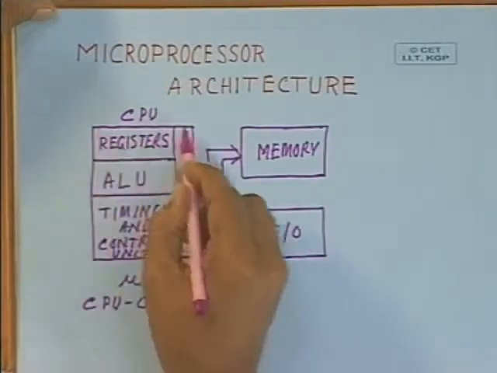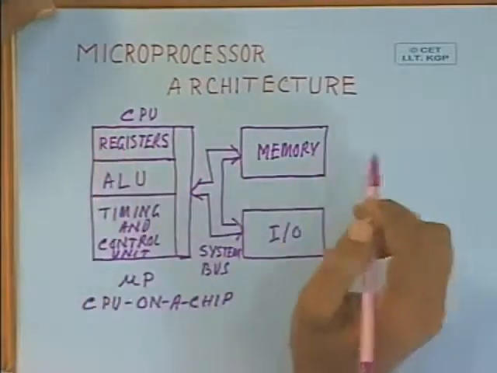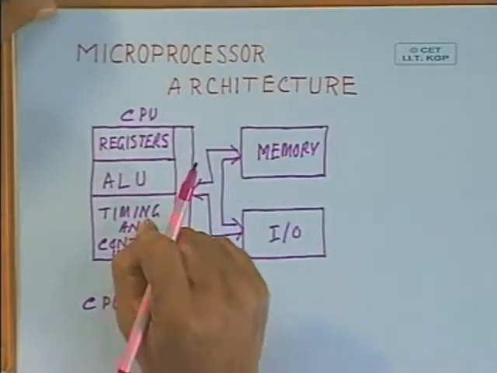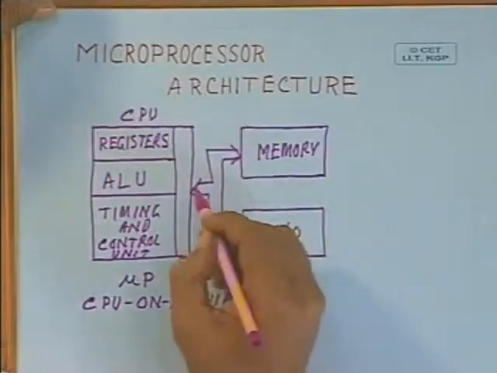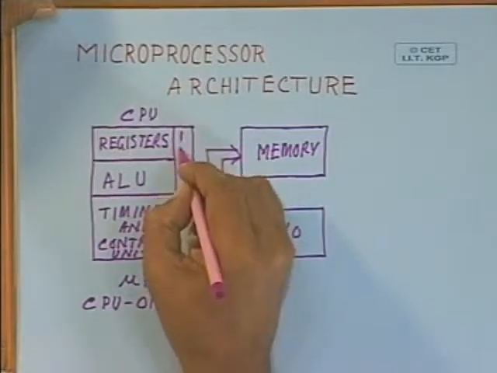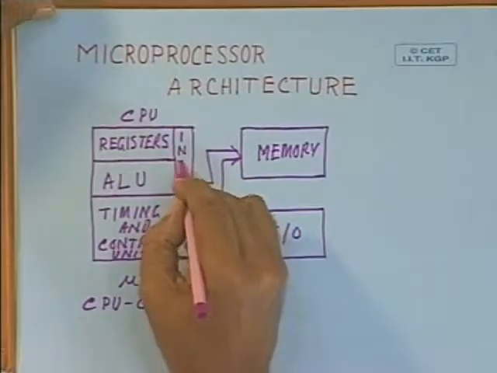Now, the CPU is inside the chip, inside the integrated circuit, but for its functioning it has to interact with the memory devices, it has to interact with the input output devices, and for that purpose it is provided with an interface section.